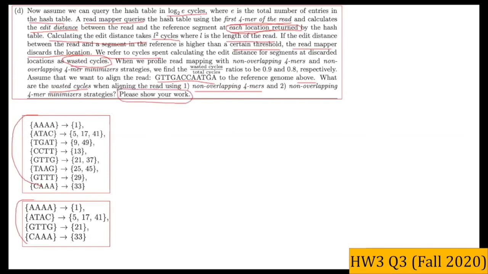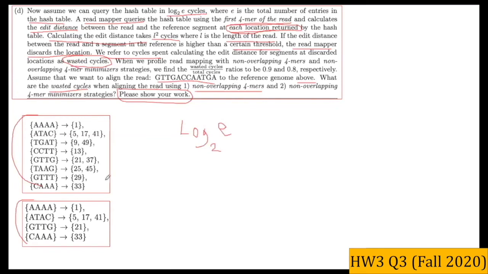Okay, so in short, whenever you perform read mapping, the number of cycles is as follows. First, you have a read sequence, you extract the first 4 characters, you send them to the hash table and try to query them. Now, querying the hash table itself will require log base 2 of E. This is only for querying the hash table.